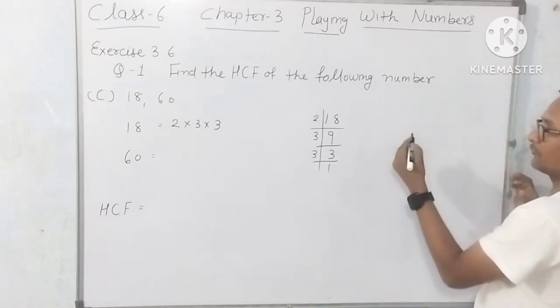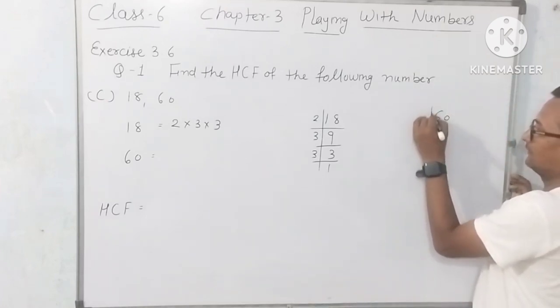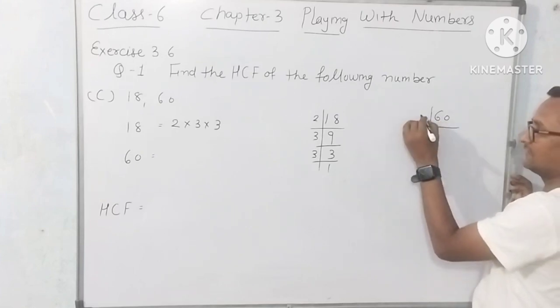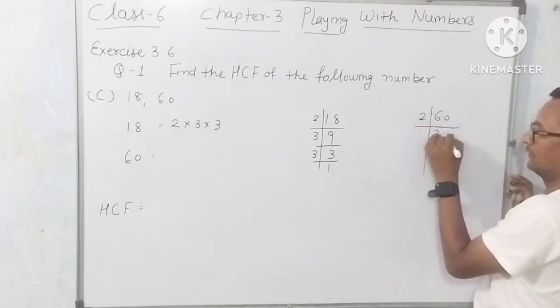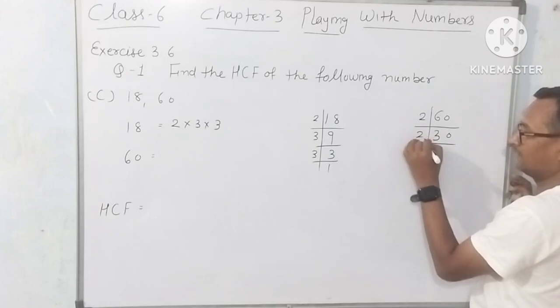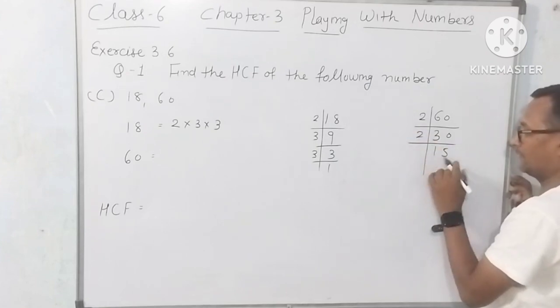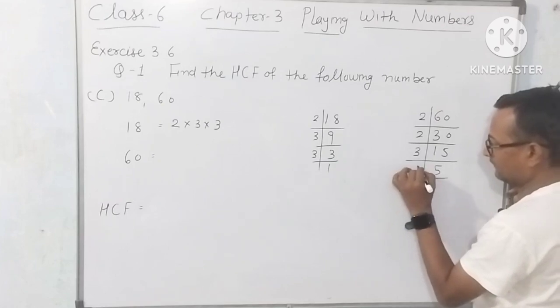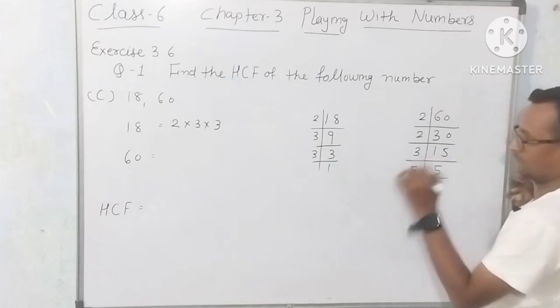Again we do the same procedure for 60. 60, 0 is an even number, so it is divisible by 2. Again it is divisible by 2. 15 is divisible by 3. Now 5 is divisible by 5.